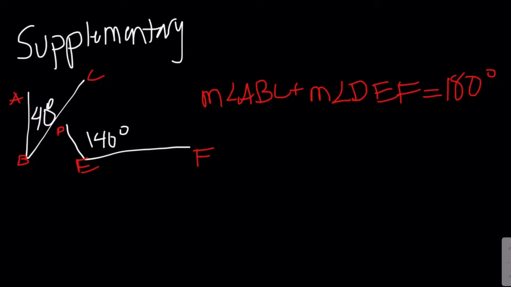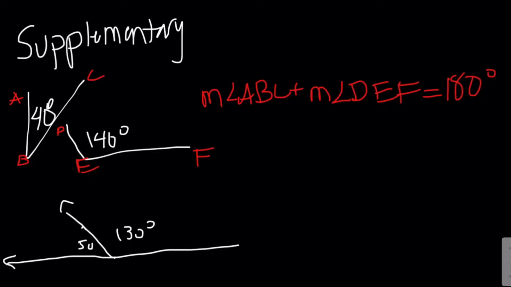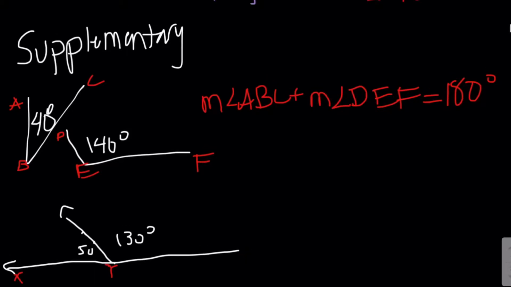So now another example would be we have an obtuse angle, 130 degrees. Then we also have this other angle here attached to it that is 50 degrees. Now let's label this X, Y, Z, and we have W. So same equation and concept here.